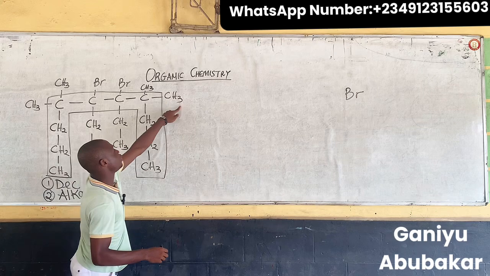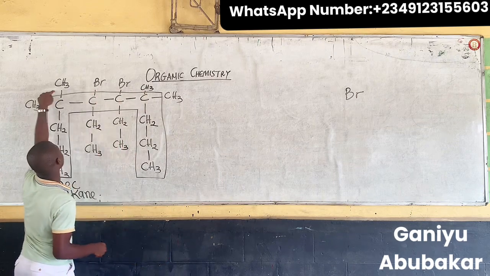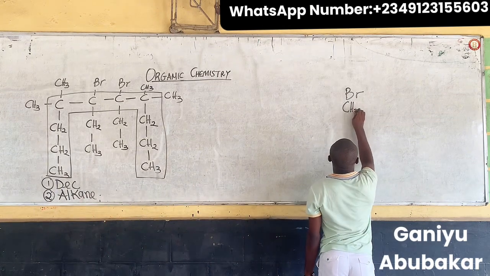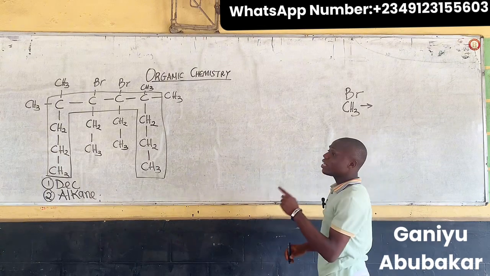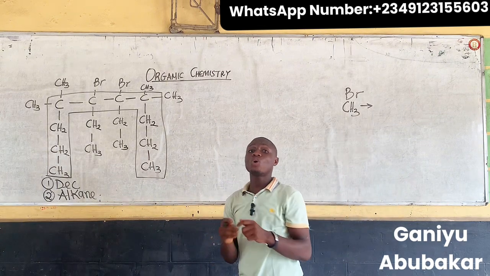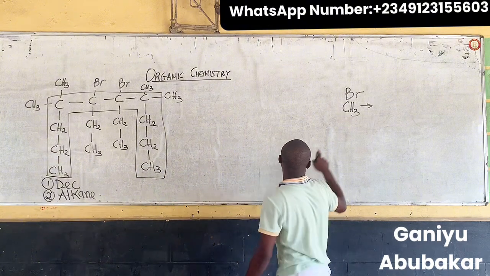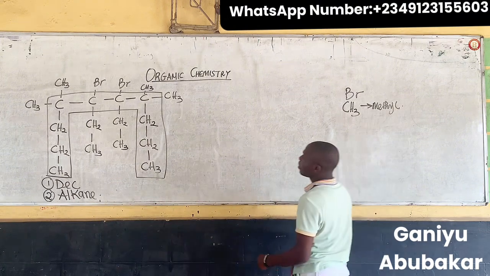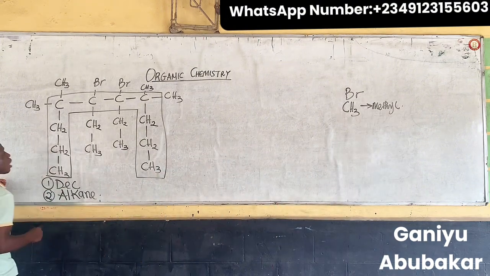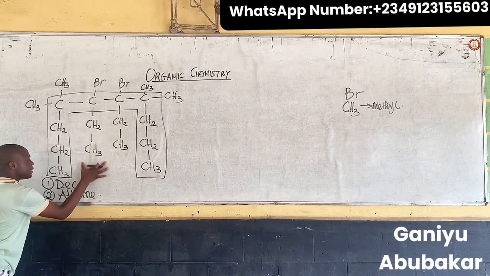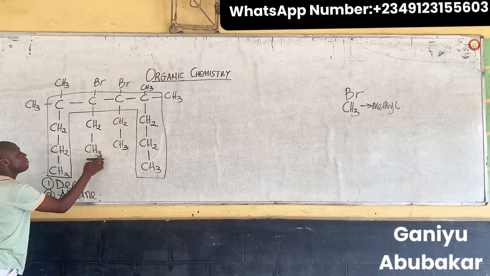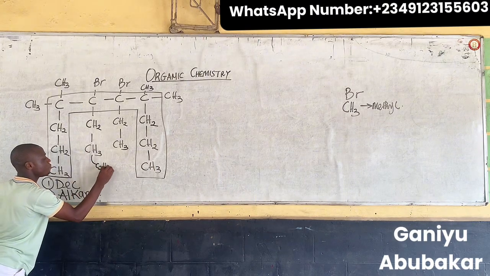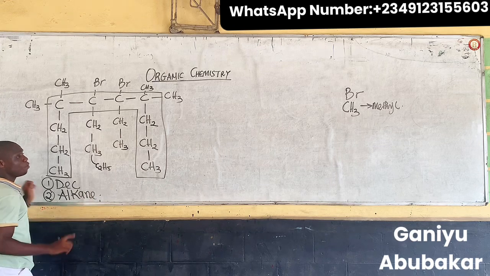Now here's the concept. I have CH3, bromine, CH3. So I have bromine in this compound. I also have CH3. What is CH3? CH3 is called methyl. Aside from CH3, I also have, at this part here, 2 carbons and 5 hydrogens, so this becomes C2H5.